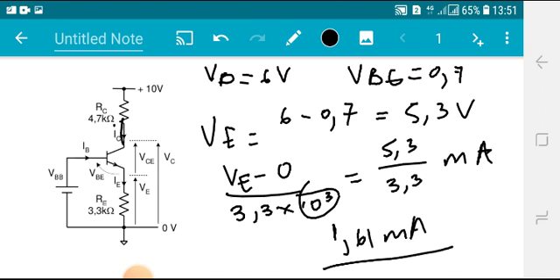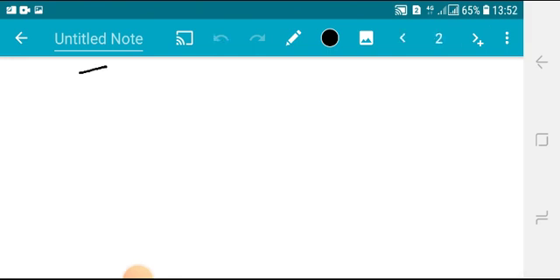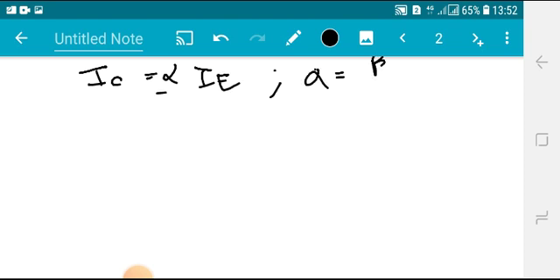Okay, then our next step is to find IC. IC is related to IE by alpha times IE, where alpha is beta over beta plus 1, with beta being our common emitter current gain.